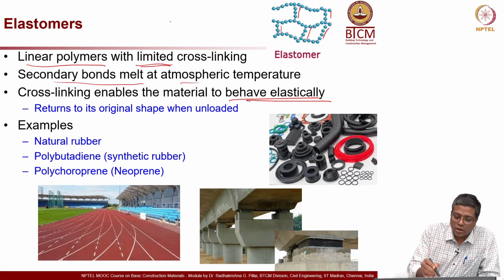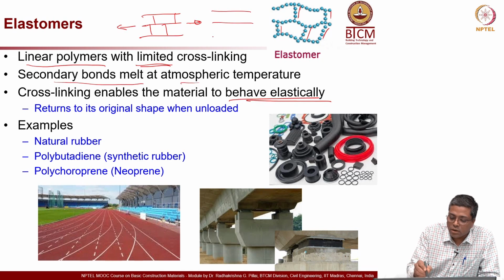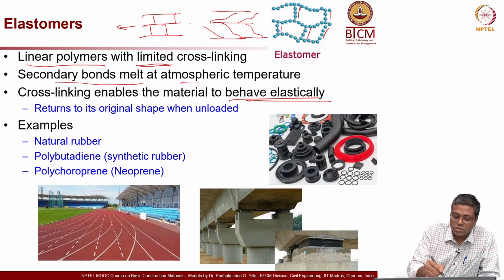Okay. So, I can probably show, let us say this chain is like this. I put this force here, then what happens is it will become something like this. So, these chains will rearrange. When they rearrange, it will elongate, and when I apply the force, it will take this shape.